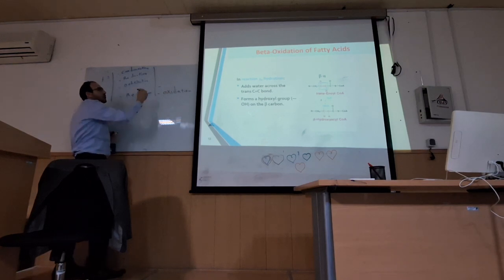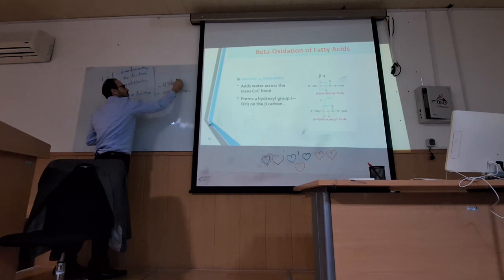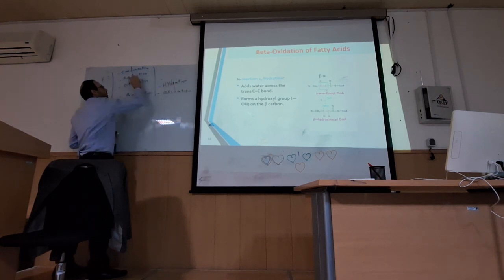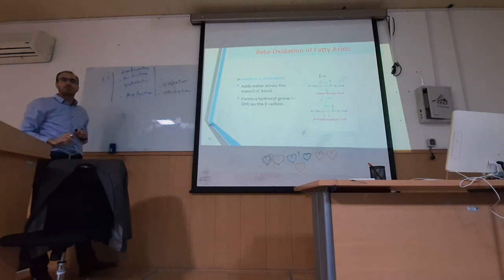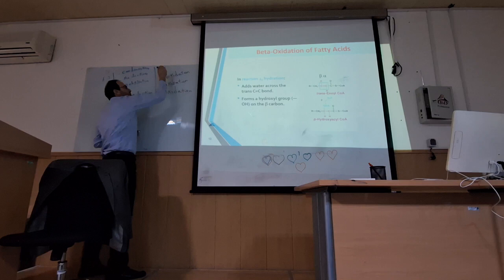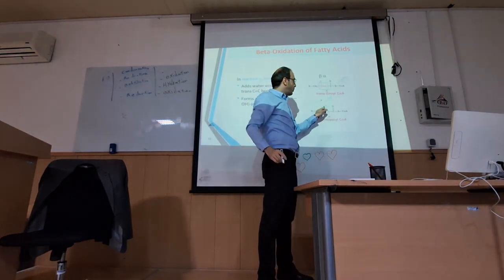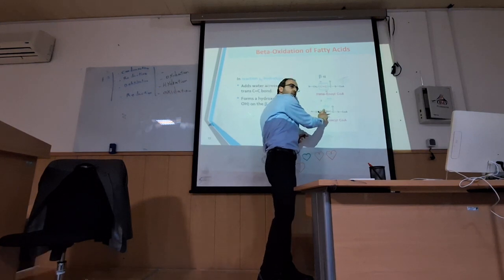Instead of dehydration, we have a hydration. So what should we have here? Oxidation. Then in the next step, again we have oxidation. We are going to oxidize this molecule.